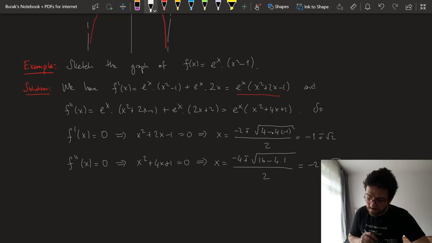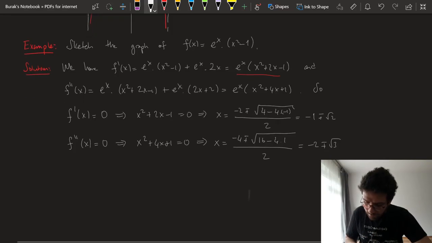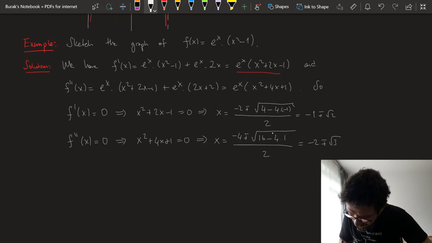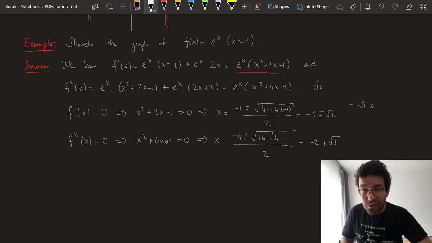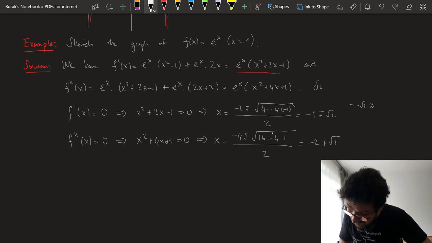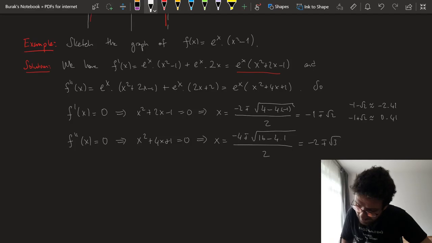Okay. Now, these numbers are approximately: root 2 is 1.41, so this is like minus 2.41, and this is 0.41. And I'm going to explain why I'm doing this.